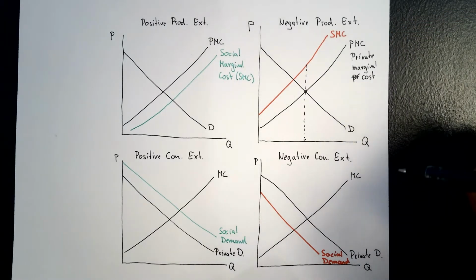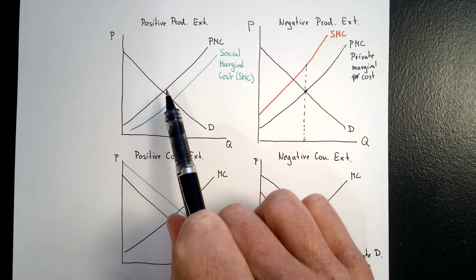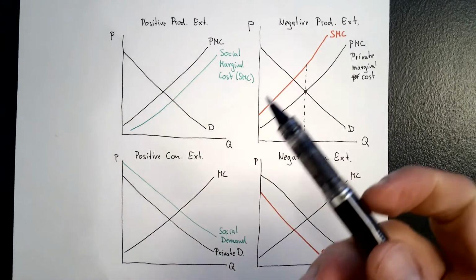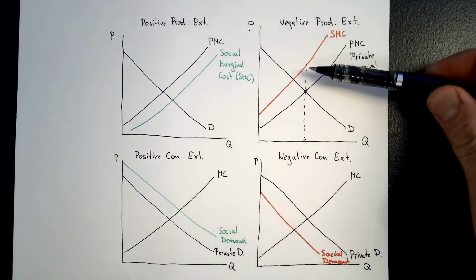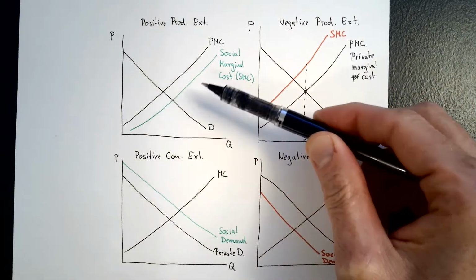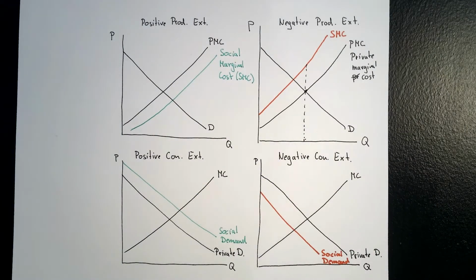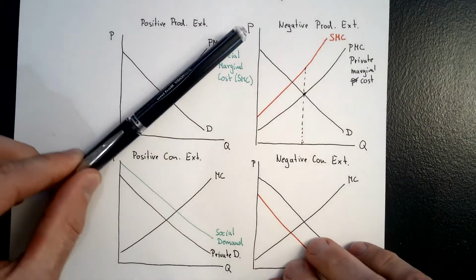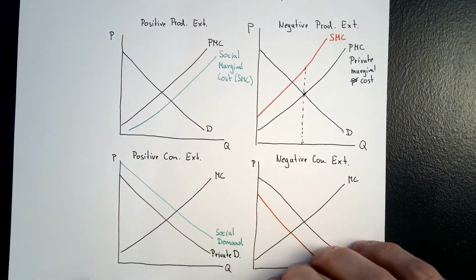Now for the positive production externality, there we have the opposite effect, where we do not have an additional cost to society, but we have an additional benefit to society that actually results in a social marginal cost curve that is below the private marginal cost curve.